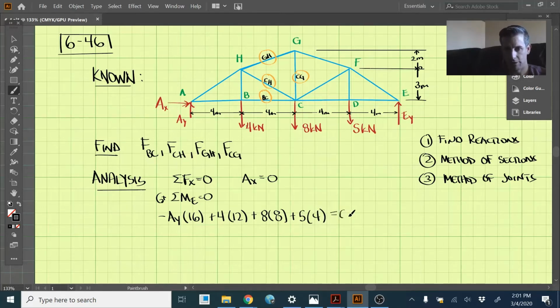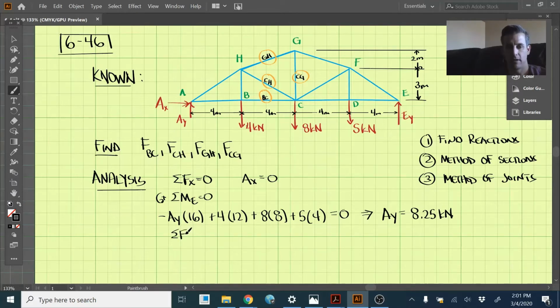And all those should be equal to 0. And solving that equation, we should have AY is equal to 8.25 kilonewtons.